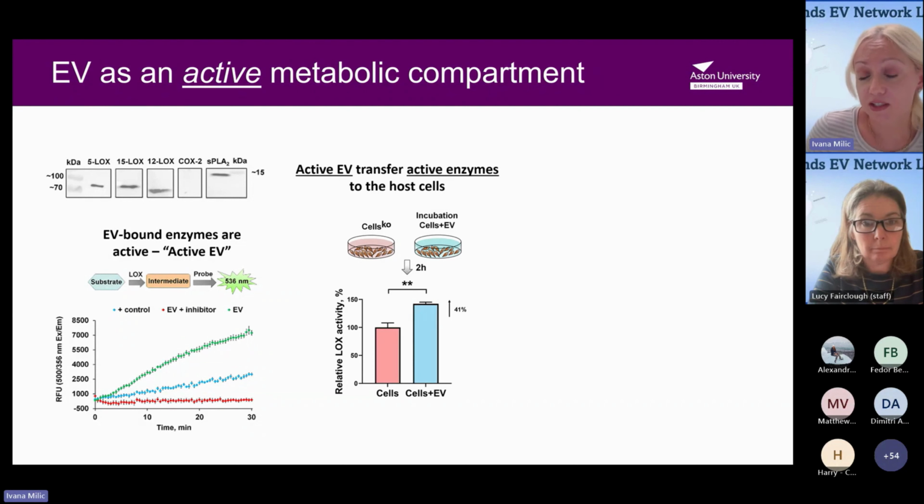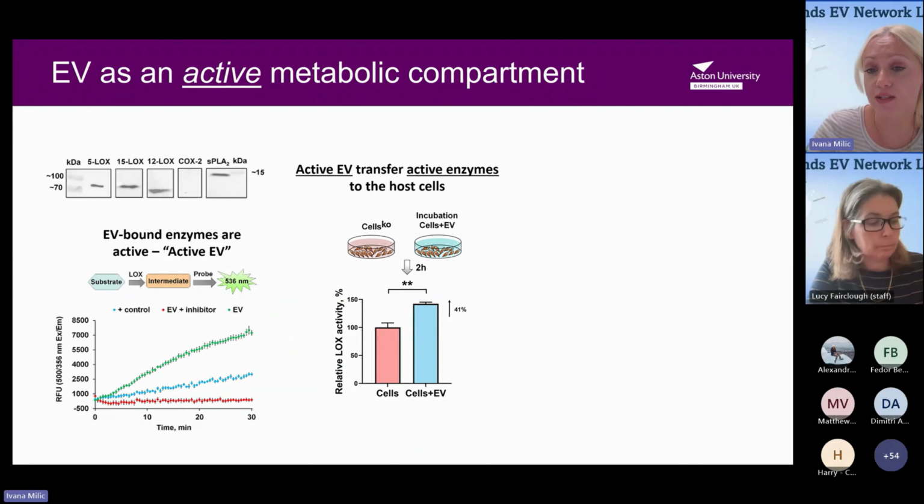Incubation of these active EVs, active in lipoxygenases, with cells that do not endogenously express lipoxygenases for 2 hours only has proven, based on the activity in the cells, that EVs are capable of transferring the active enzymes to the host cells.